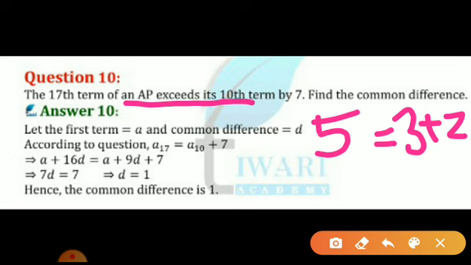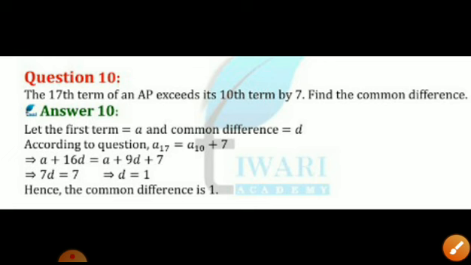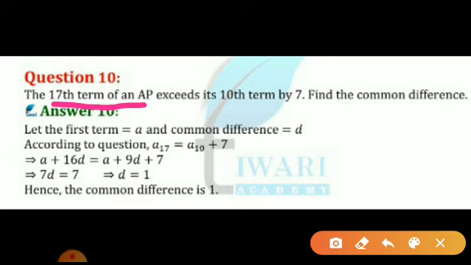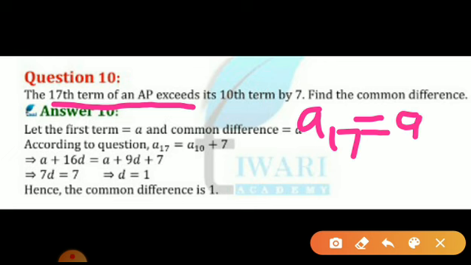In a similar way, what is given to us? The 17th term of the AP, that is A17, exceeds the 10th term by 7. So the 10th term is A10, and by 7 means plus 7.